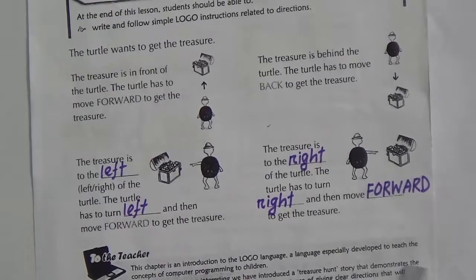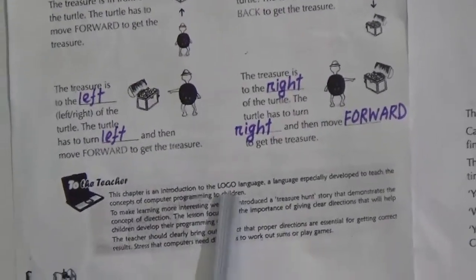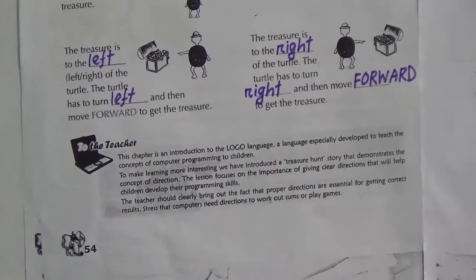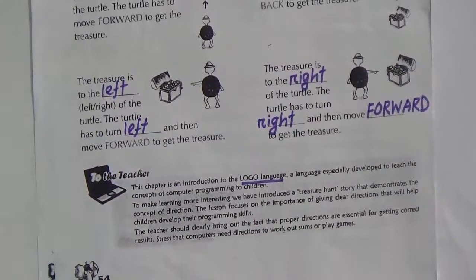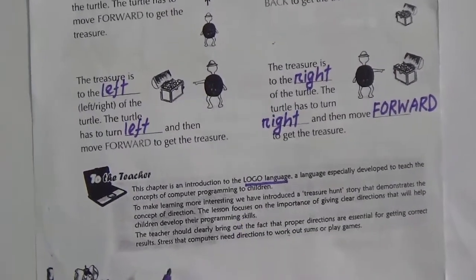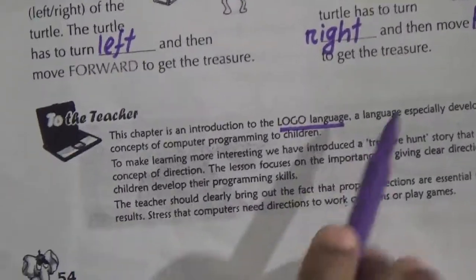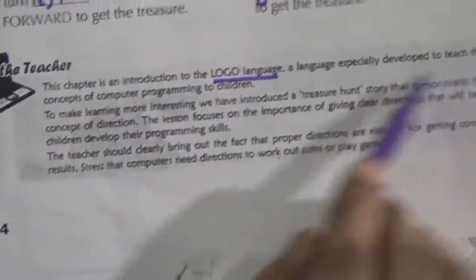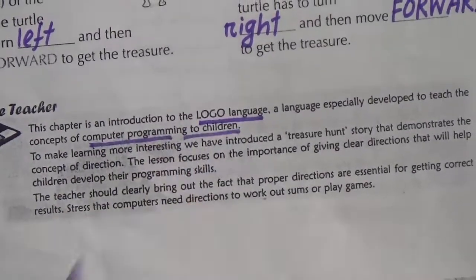And this line is very important for you. This chapter is an introduction to the logo language. So logo is one kind of language. This is very important for your MCQ. What is logo? Logo is a dash. Logo is a language especially developed to teach the concepts of computer programming to children.